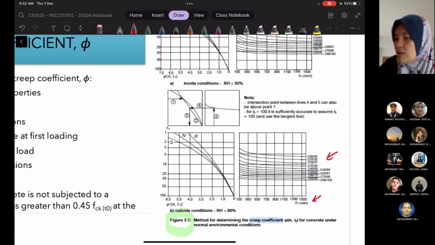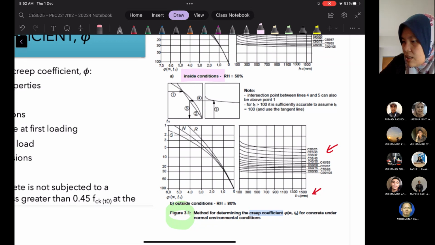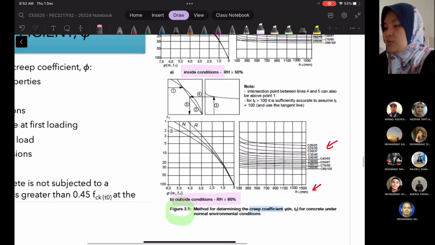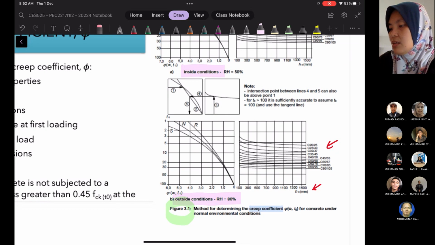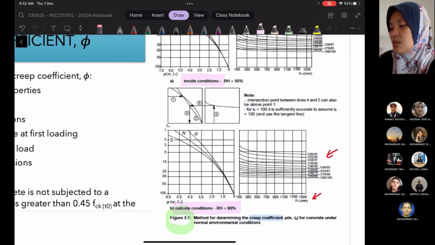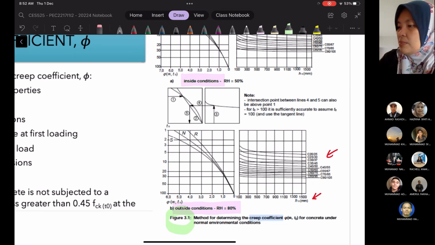One is for inside conditions, and this is from the Eurocode figure. Also we have outside conditions. So we look at the size, and also the grade of concrete. Then we are going to find the creep coefficient from this figure, the creep coefficient is this one.